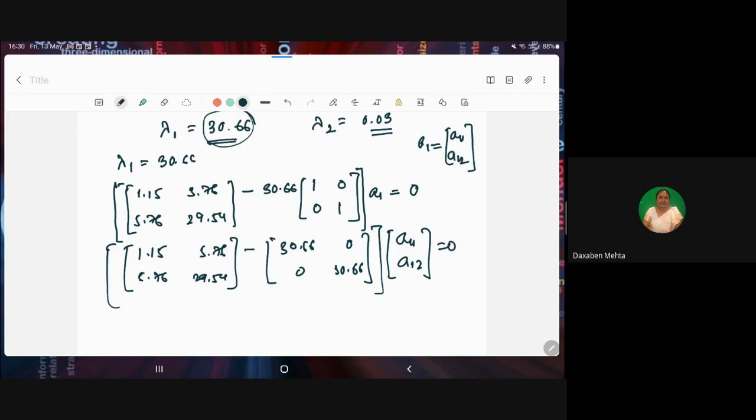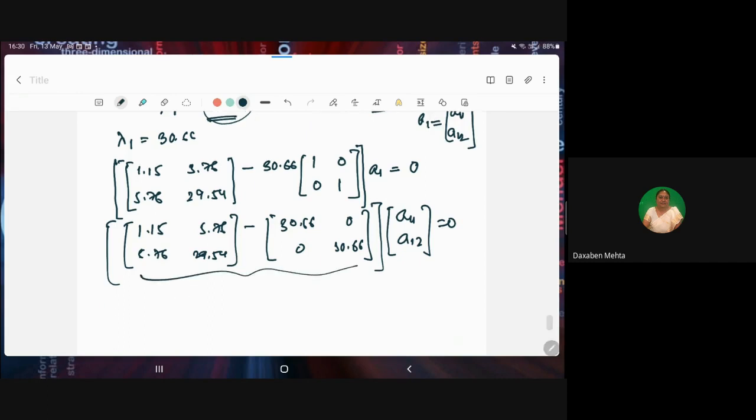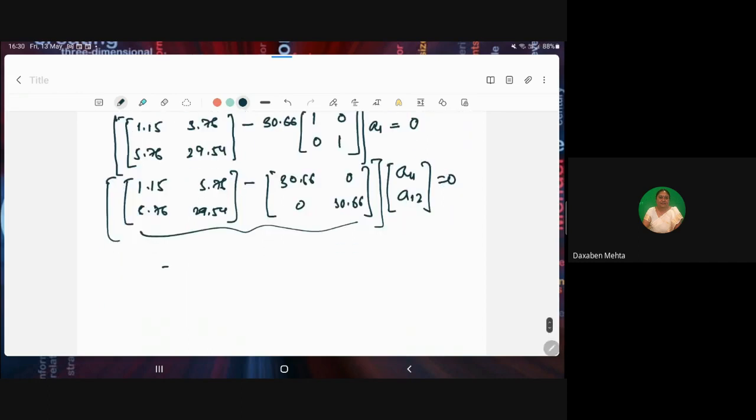And from solving this, we get this part. If we solve, the matrix will be like this: minus 29.51 and 5.76 and 5.76 and minus 1.12 into this A11, A12, this equals 0.